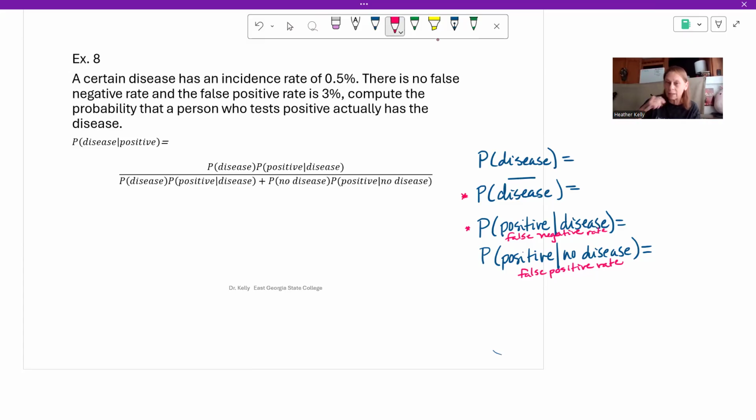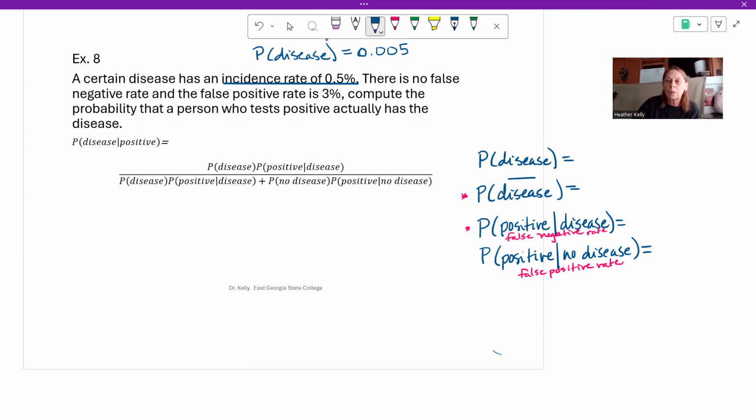Okay, so let's get back here to our question. And our question says a certain disease has an incidence rate of 0.5%. So I'm going to glom onto that. That means probability of the disease is equal to 0 point, got to move that decimal place 2 places to the left to turn it back into a decimal.